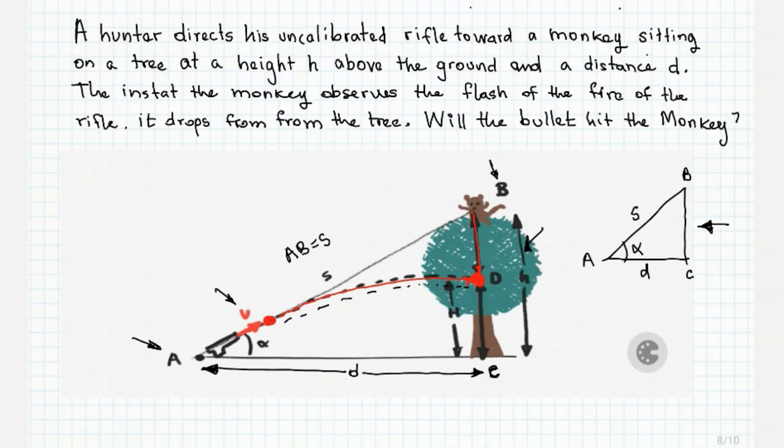But at the same time t, the monkey travels the distance h minus h capital. So they meet at the same time at the point D. So the bullet hits the monkey. Independent of the initial velocity of the bullet, it hits the monkey at the time t. So the monkey won't survive. The monkey will die. Sorry, monkey.